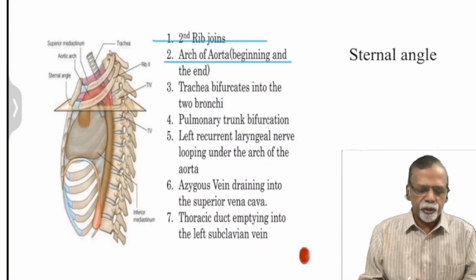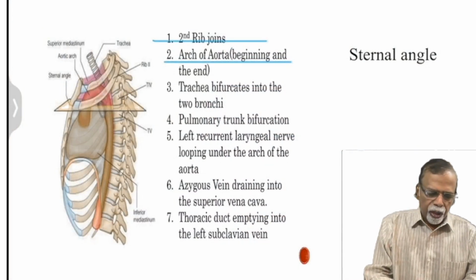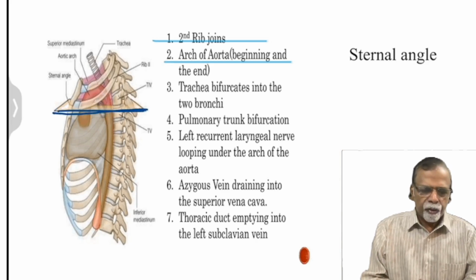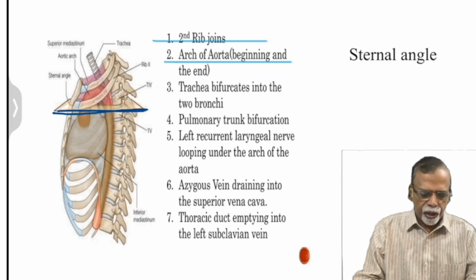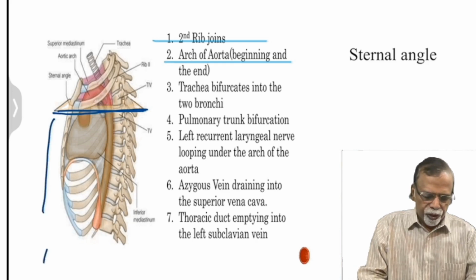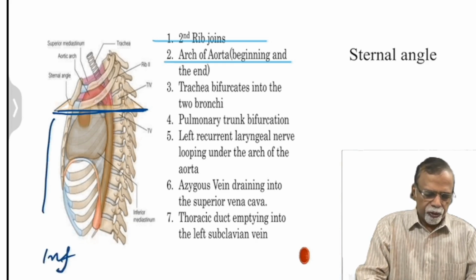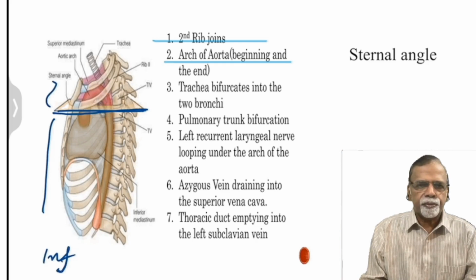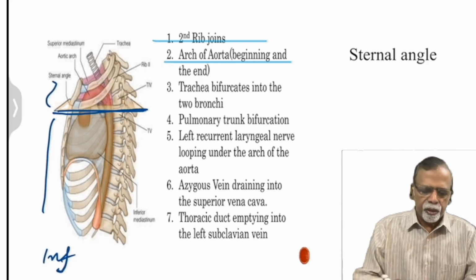Here in this picture you can see this. If you draw an imaginary line plane here, anything below this sternal angle is the inferior mediastinum, and above is the superior mediastinum. As mentioned, the important landmarks are the second rib and the arch of aorta.